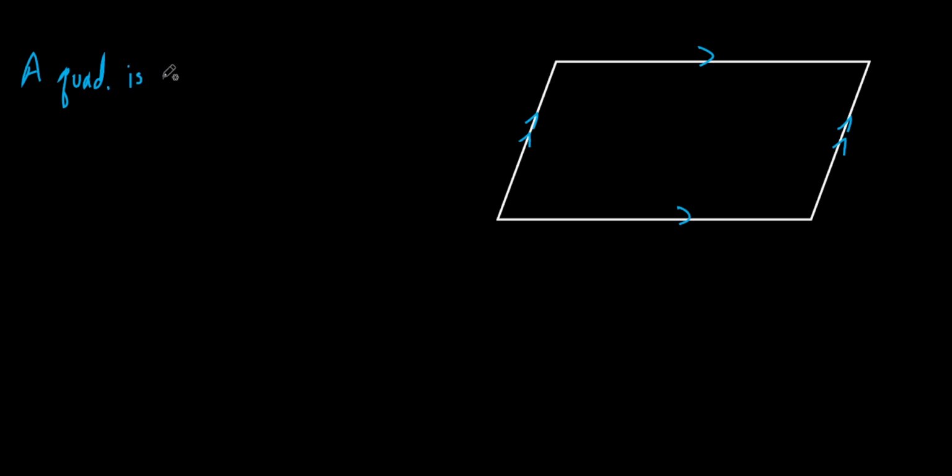Quadrilateral is a parallelogram if both pairs of opposite sides are equal, or congruent. I'm not going to do this for everything, I'll just do it for the first one. Okay? So you could rewrite it like this.